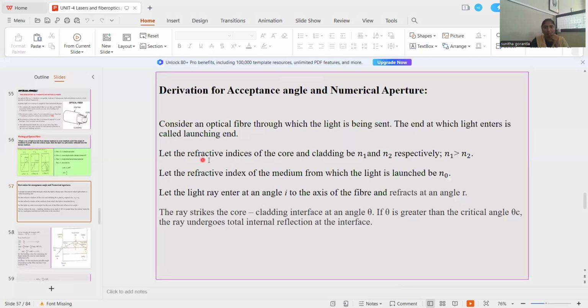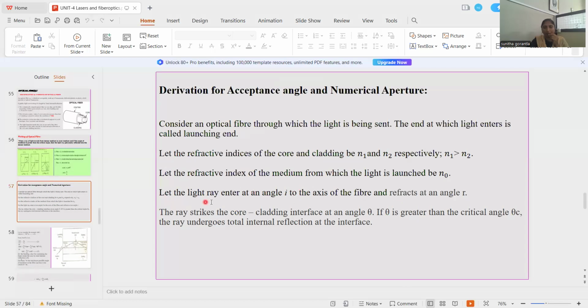Let the refractive indices of core and cladding be N1 and N2 respectively, and always N1 is greater than N2. Let the refractive index of the medium from which the light is launched be N0, that is the air medium.